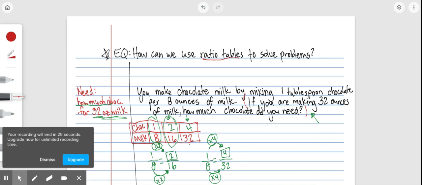So in the table, the bottom column is milk, and right here is a 32. So 32 ounces of milk is this ratio right here. How many tablespoons of chocolate did I use? I need 4 tablespoons chocolate. I abbreviated again because I'm writing kind of quickly because we're running out of time.